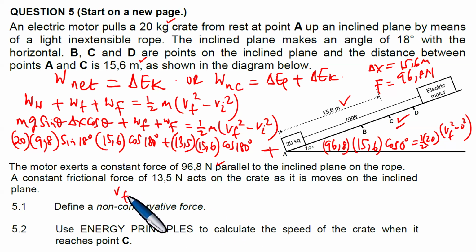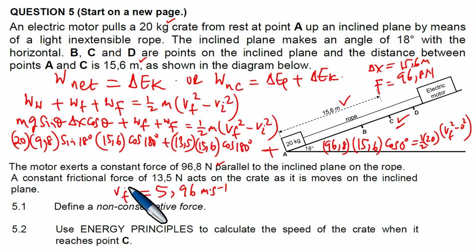V final is 5,96 meters per second. Okay, that's what we have.